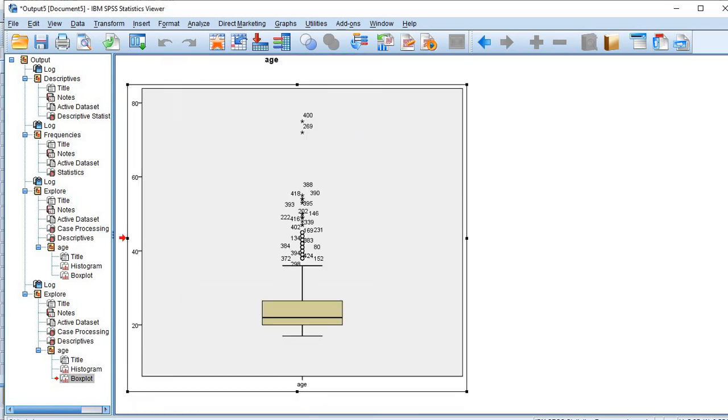This is the third quartile, and this whisker extends by a plus of 1.5 of the interquartile range. This one is also a minus of 1.5 of the interquartile range.